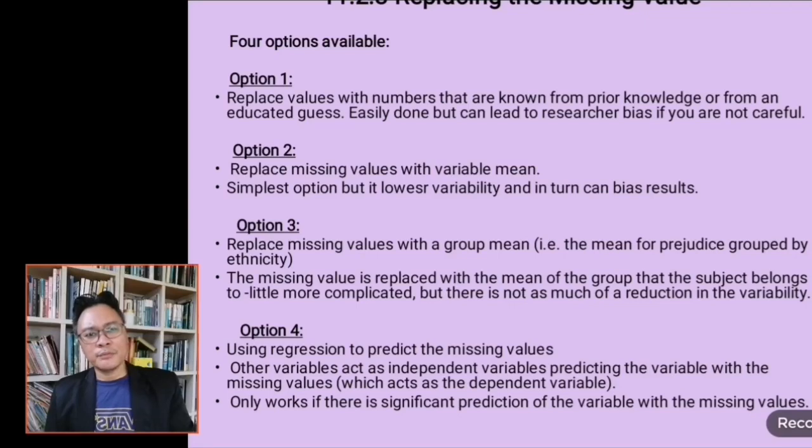Jadi tak payah nak pergi ke option number 4, pergi ke option number 2 and number 3 is more than enough kan. Sebab option number 4 ni, after you have done so many things, then you go to regression. Sebab sebelum tu you are doing descriptive dah tahu dah your average mean kan. Senang je lah.